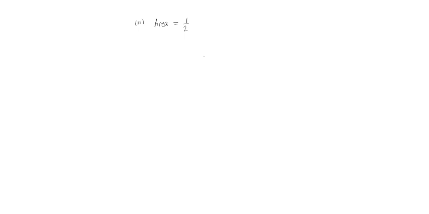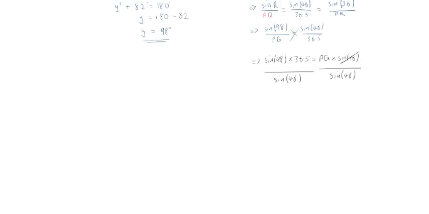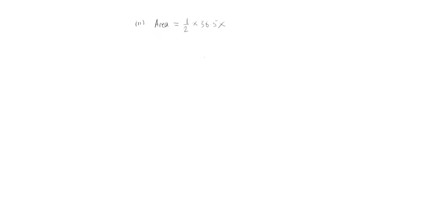So half times 36.5 multiplied by 50.25 times sine 36.